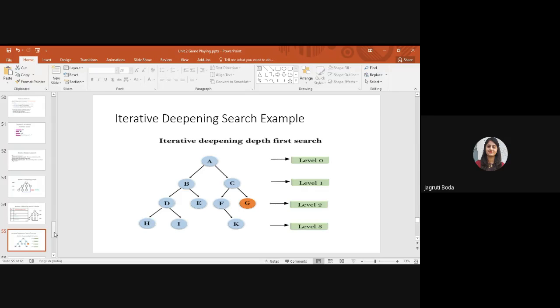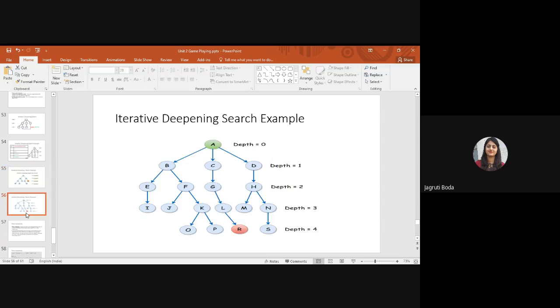Now I give the second example. You have to explore, where your goal state is R, right? So how many nodes do you have to visit before R? You can tell me. So you have to find it at level depth 4.